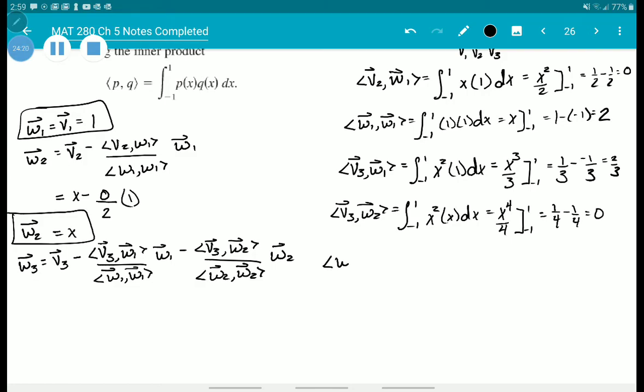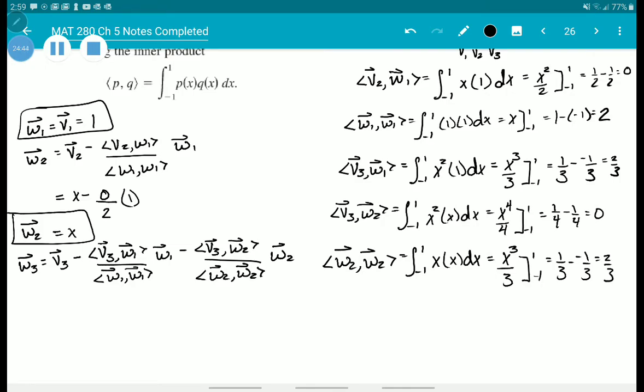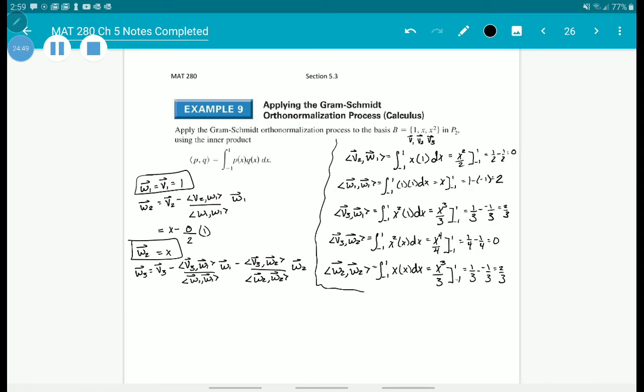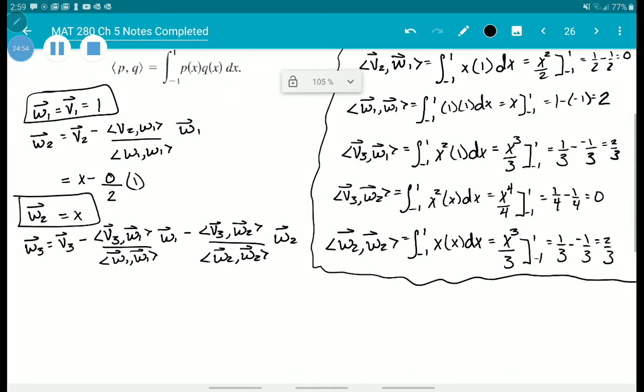And then we need W2 with itself. W2 was x, so x times x. That's x squared. When I integrate x squared, I get x cubed over 3. So here are my inner products I had to find. So let's plug everything in.